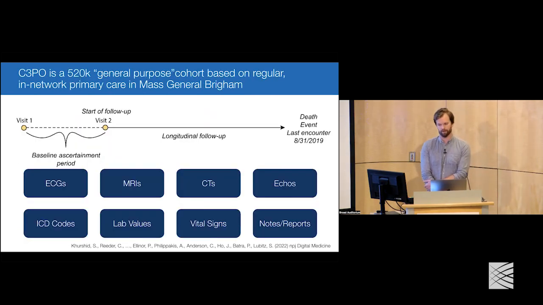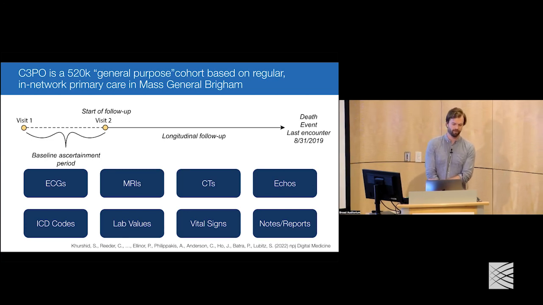So what is C3PO? Generally speaking, C3PO is designed to be a large general purpose cohort of data from individuals who use the Mass General Brigham healthcare system for their in-network primary care. More specifically, we identified all individuals who sought primary care at MGB at least twice with at least a 1-year gap between 2 visits.